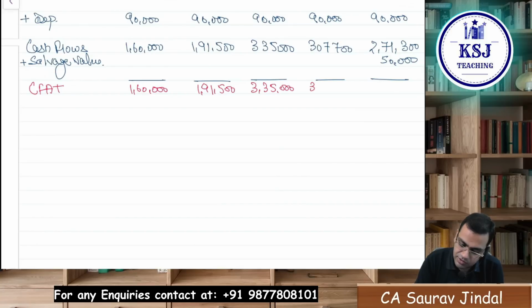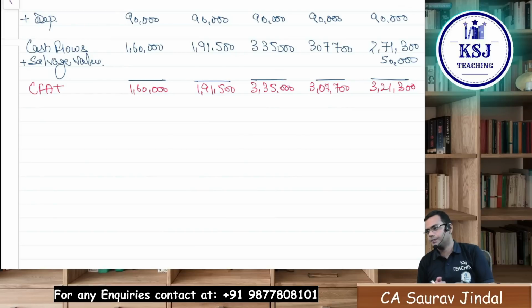Then 3,07,700, no change here also. So it will be 2,71,300 plus 50,000, 3,21,300. This is your final CFAT that you are getting. Clear? Now, can we calculate the present value of CFAT?